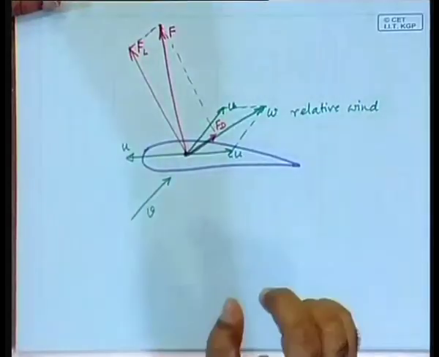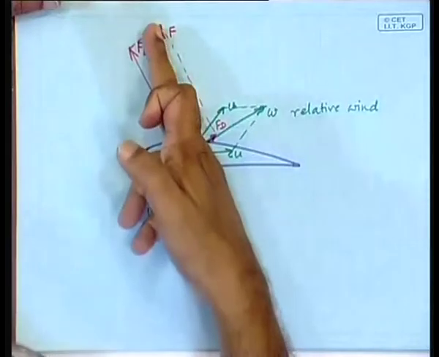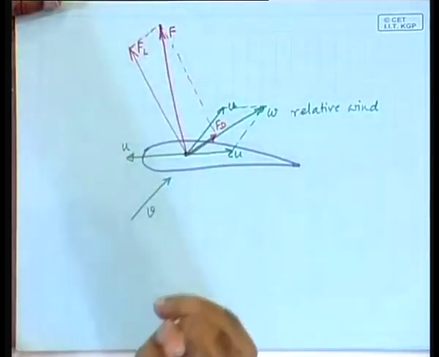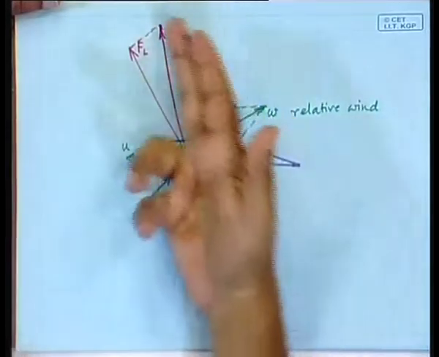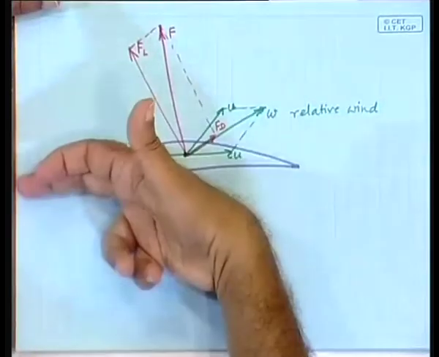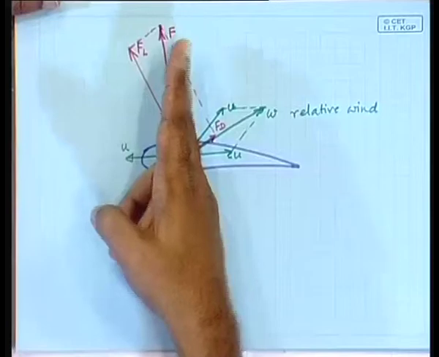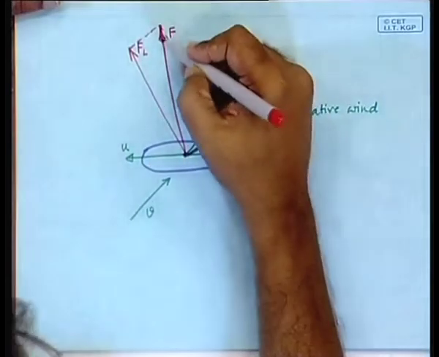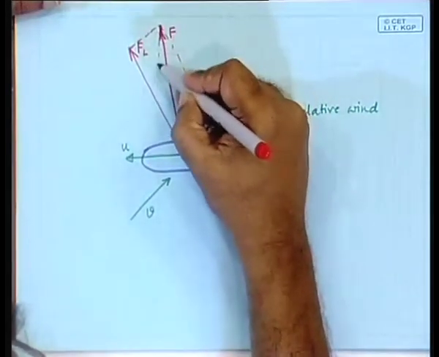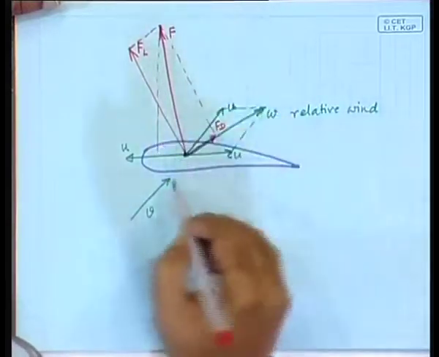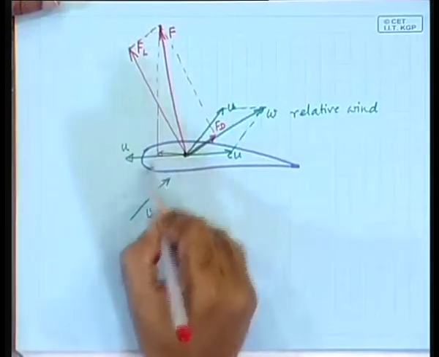Now, notice that this F can be resolved into two components, one in the direction of motion like this, and another perpendicular to it. So, in the direction of motion there is a component, can you see that? Here is a component that is in the direction of motion.